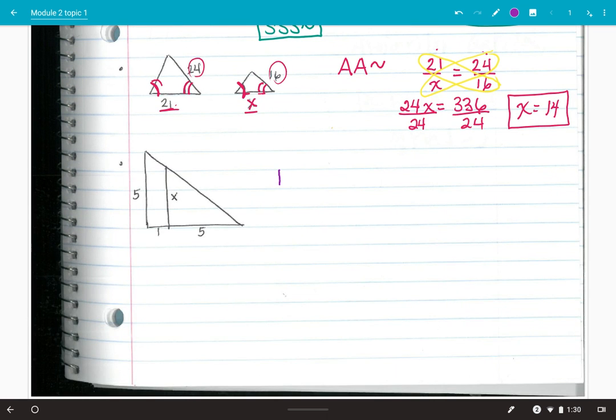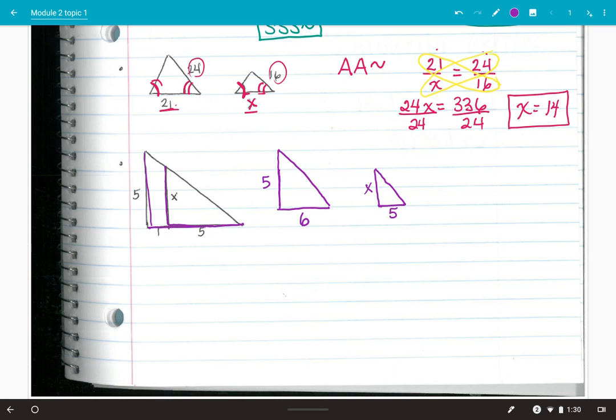So I'm going to go a little bit different. I'm going to do my large triangle first, and then I'm going to take my small triangle. So I can see my large one is 5, and the large one is this whole length, so that's 6. Now my small one is the x and the 5.